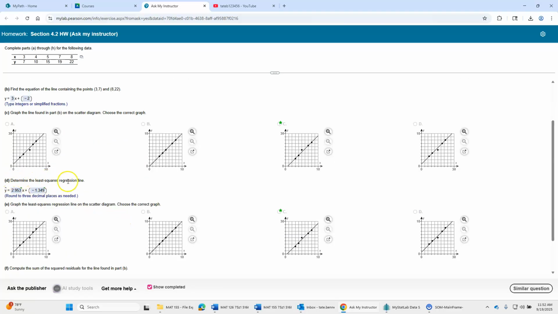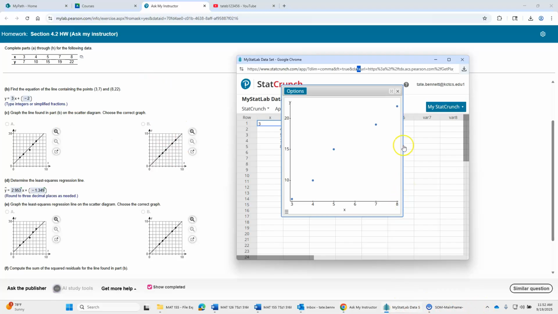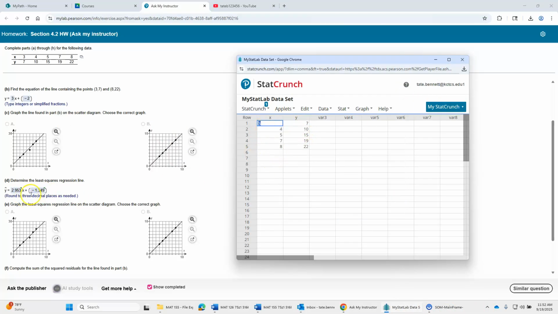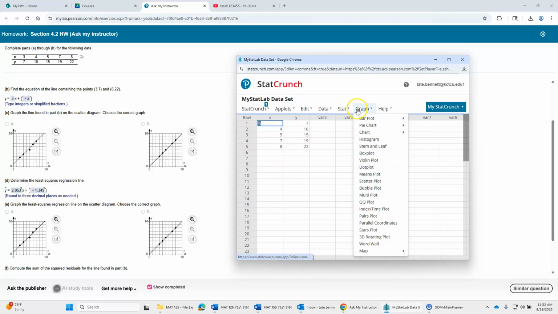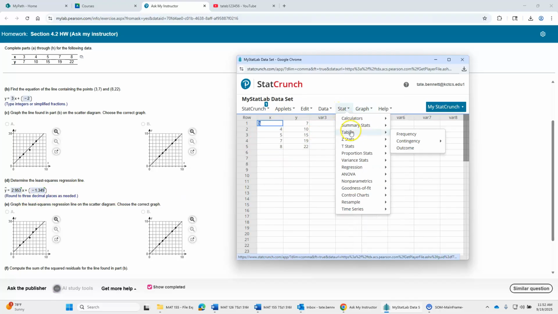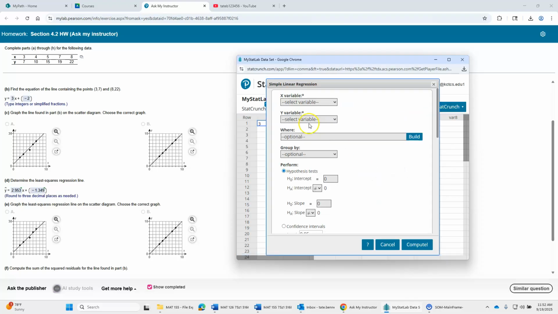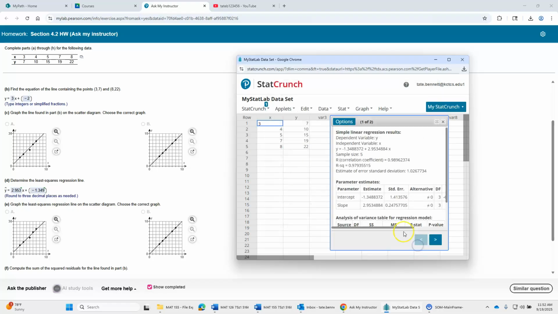Down here, once you find the least squares regression line, you could do it by hand, but you're strongly encouraged to use technology. And so, let's see, I already have the data here. If we use technology to get it, you just go Stat, Regression, Simple Linear. And videos on how to do this are available in the homework, of course. And we just compute.